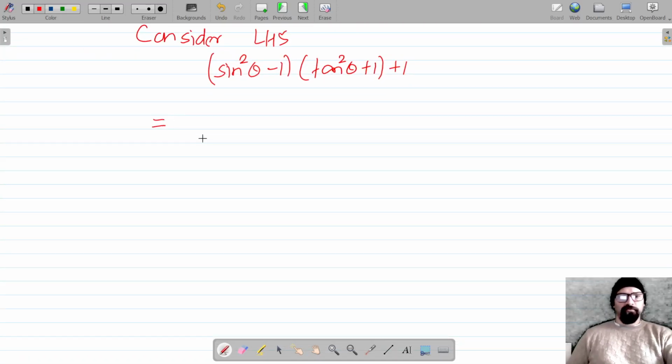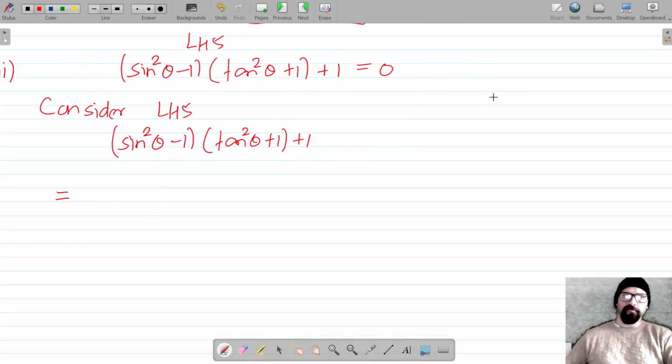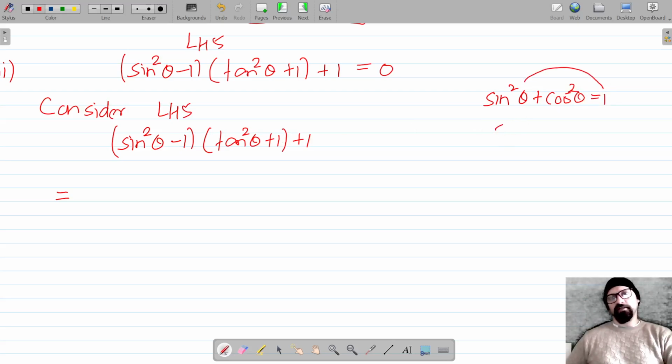Okay, we are going to use the trigonometric identities here. I'm going to write down the identities that we are going to use. The first one is sine squared theta plus cos squared theta, which we know is equal to 1. So if I bring 1 to the right hand side and take cos squared theta to the left hand side, sine squared theta minus 1 is equal to negative cos squared theta.